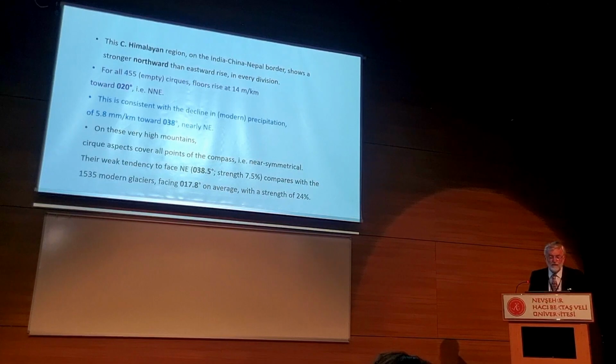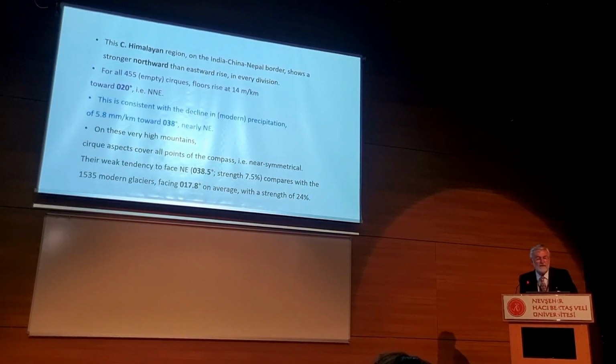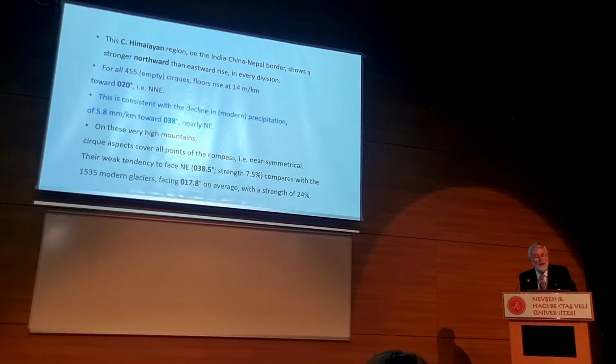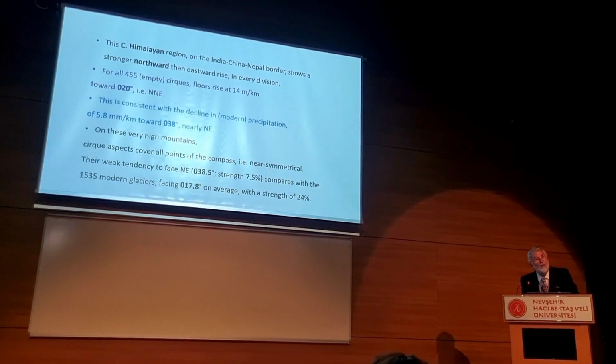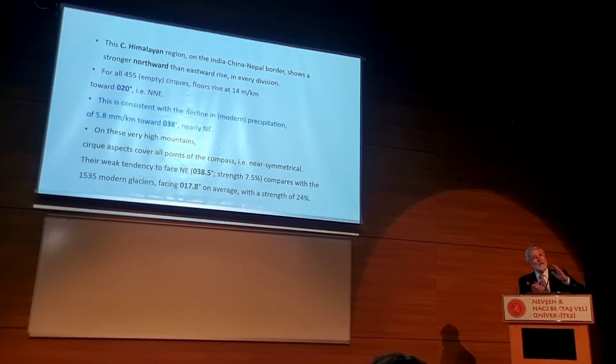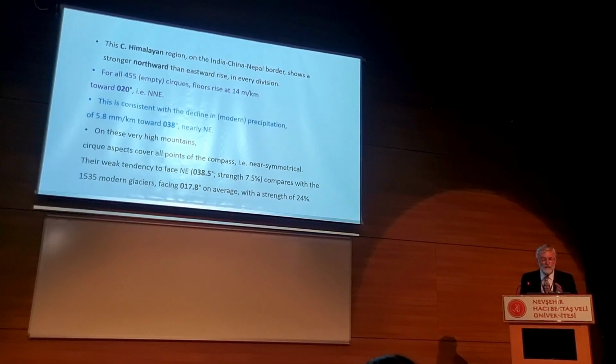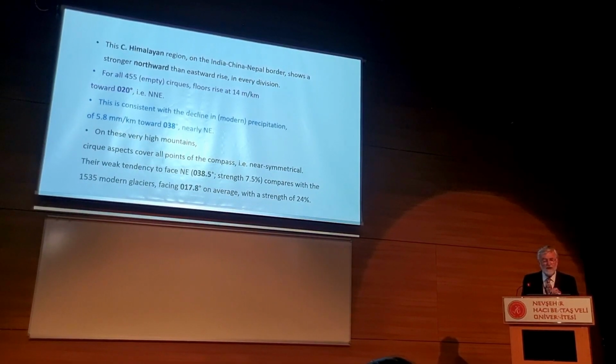Now, here we have 455 empty cirques, and the floors rise at 14 meters per kilometer towards the northeast, towards 020, combining the eastward and the northward. In other words, as you saw from the coefficients, the northward part of the trend is stronger than the eastward part.